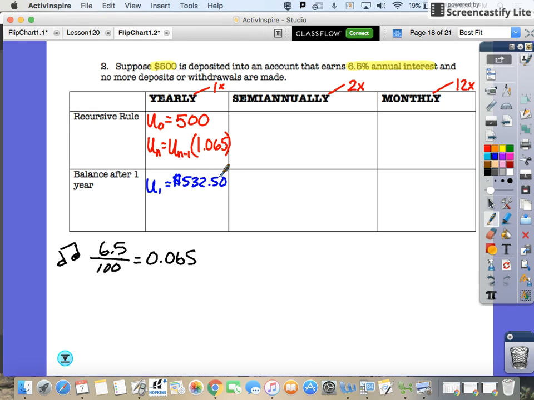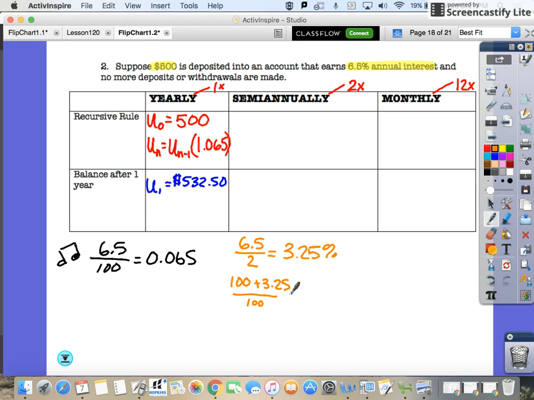Now, the second scenario is if you get your payments semi-annually. That means every 6 months, like twice a year. You're going to take 6.5% and divide it by 2 because you get that 6.5% split over the 2 payments. They're not going to pay you twice. So you end up with 3.25% for each payment. Take 100%, which means your original $500, and you get an extra 3.25% each payment.